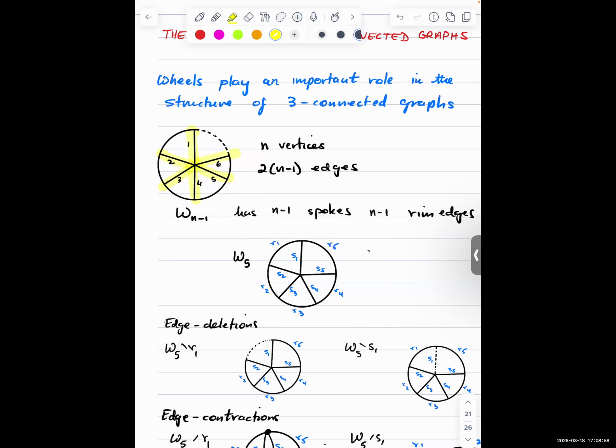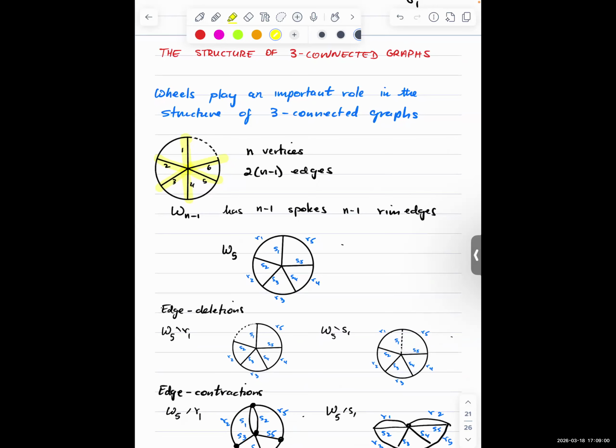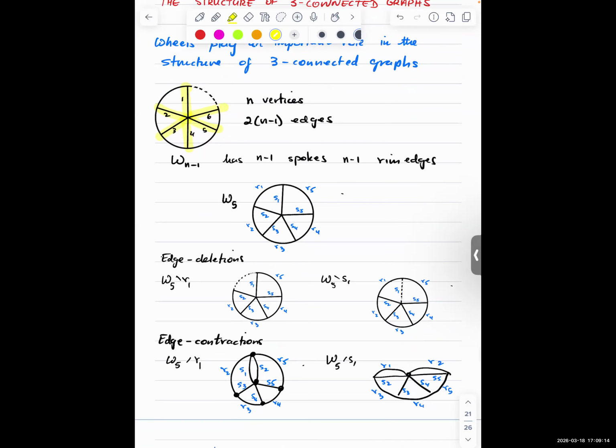So n vertices, n minus 1 spokes, n minus 1 rim edges, and 2 times n minus 1 edges. So that's W5.